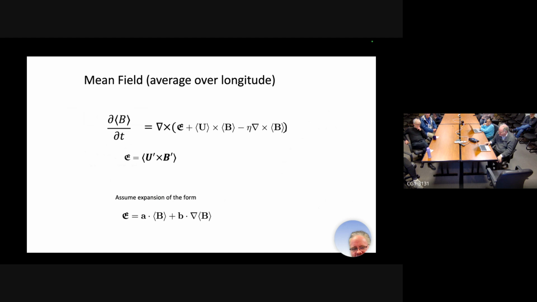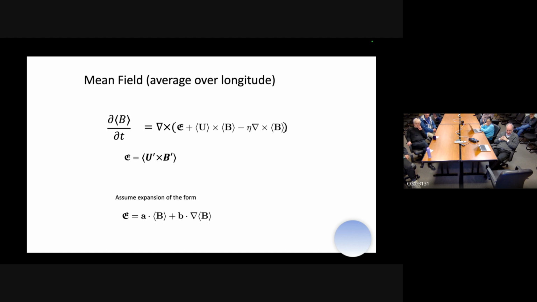And now I want to place this in the mean field framework. So I have to introduce the EMF. The EMF comes straight from the induction equation, where you label the U prime cross B prime, the fluctuating cross product averaged azimuthally, as the EMF.